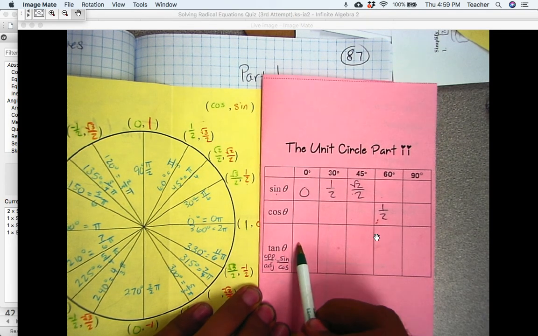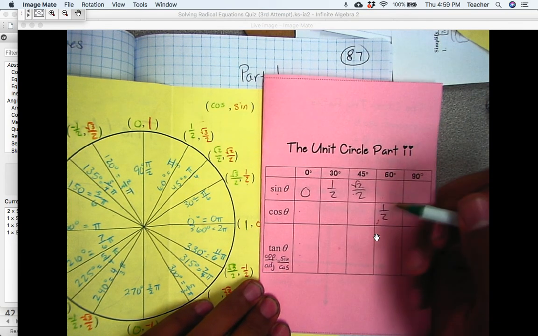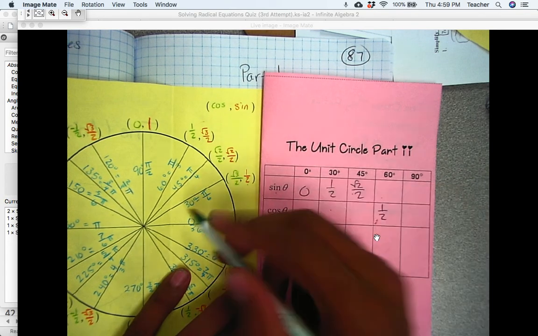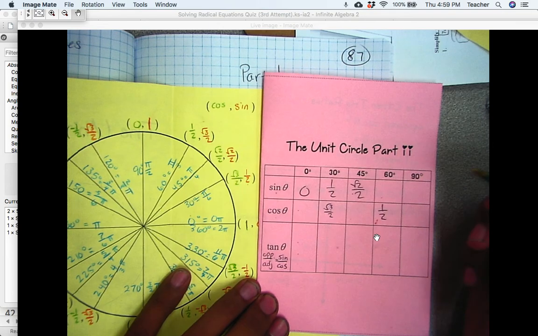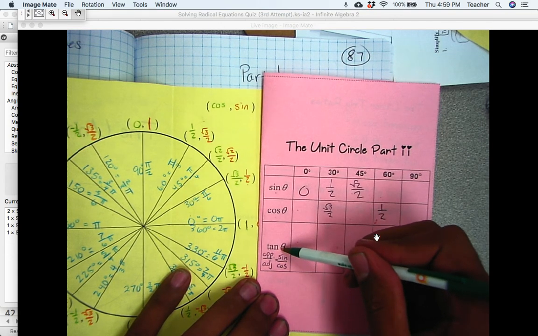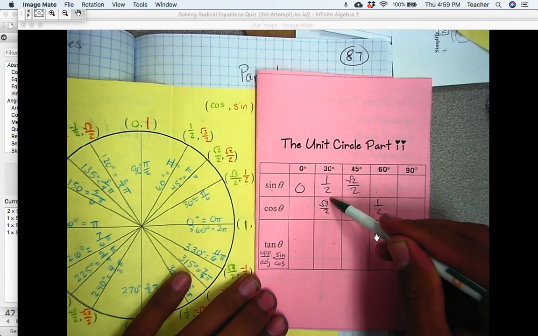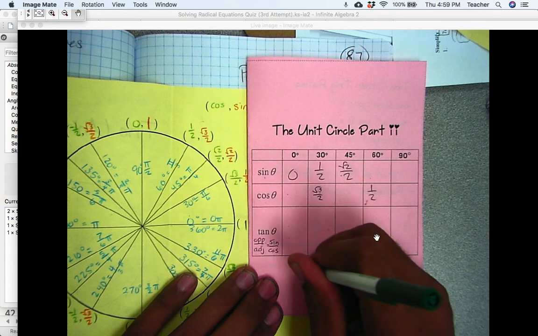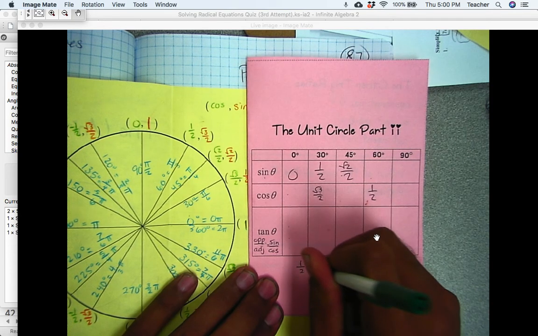So if I were to figure out this one, let's go here. Cosine of 30 degrees, that's rad 3 over 2. It says that the tangent is equal to sine over cosine. So I take this 1/2 and divide it by cosine, so 1/2 divided by rad 3 over 2.